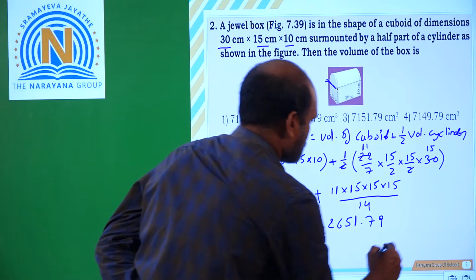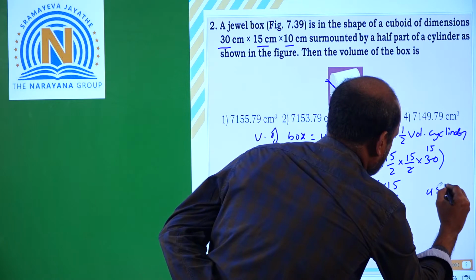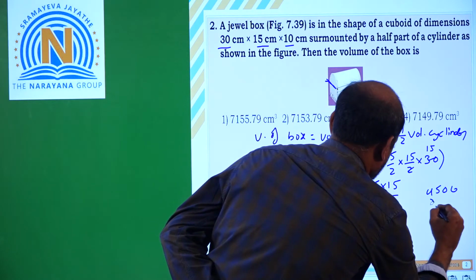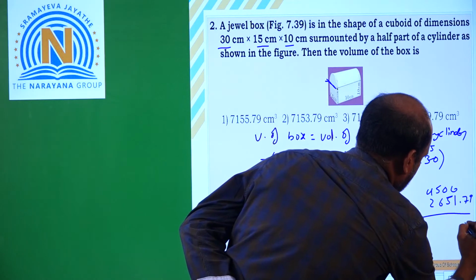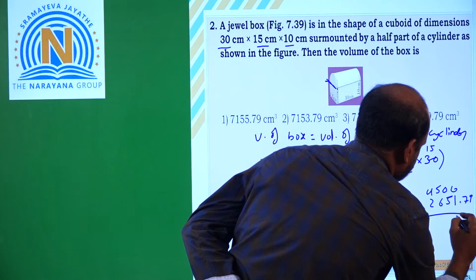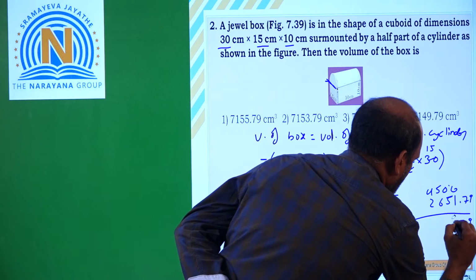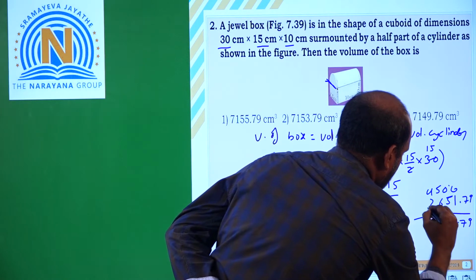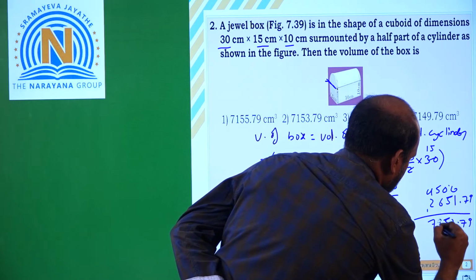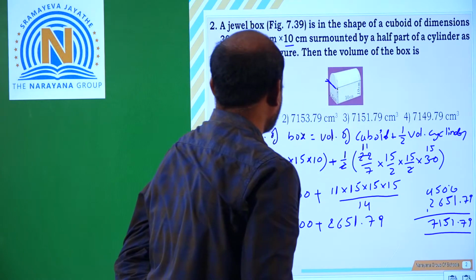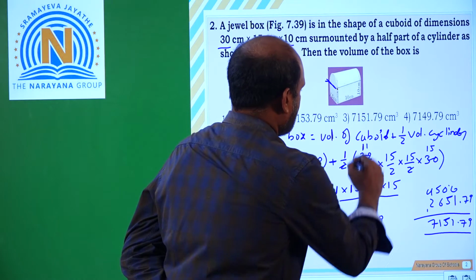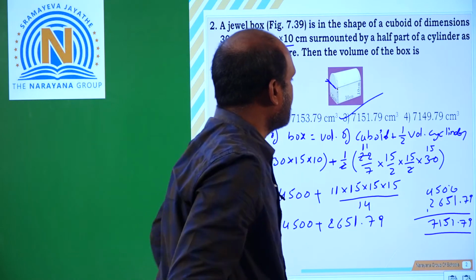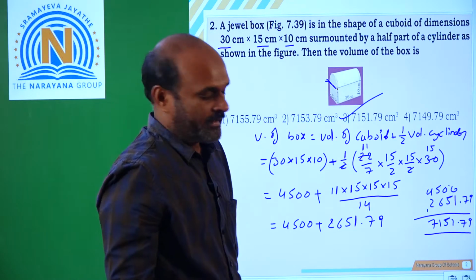If you add these two, 4,500 plus 2651.79, that is 7,151.79 centimeter cube. That is option 3, the correct answer.